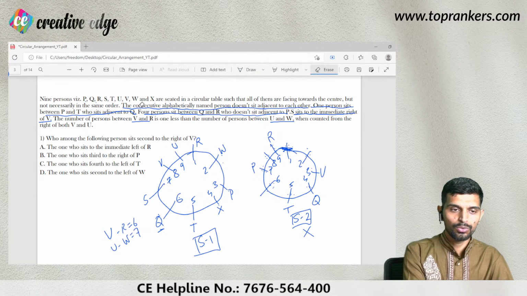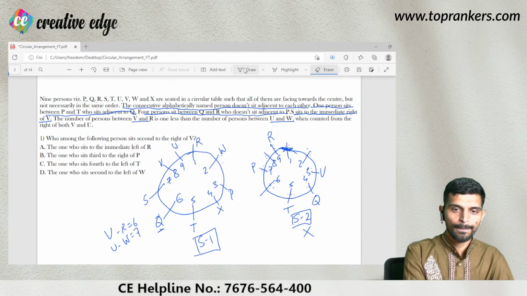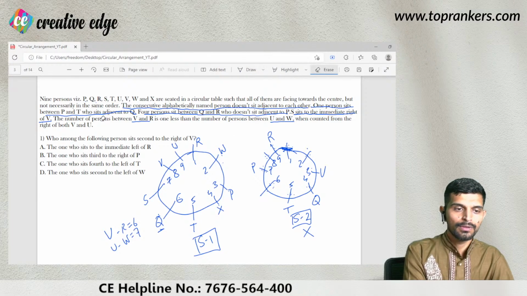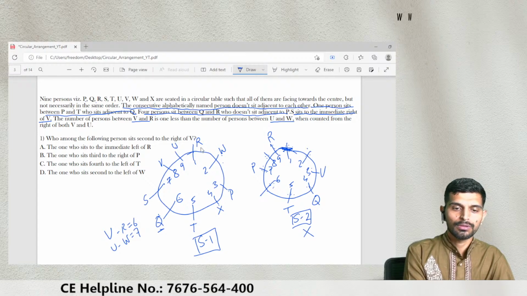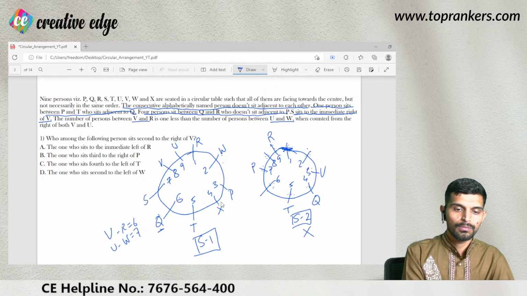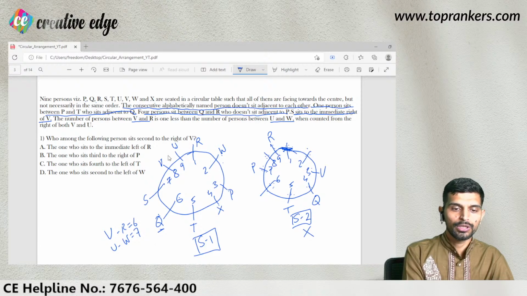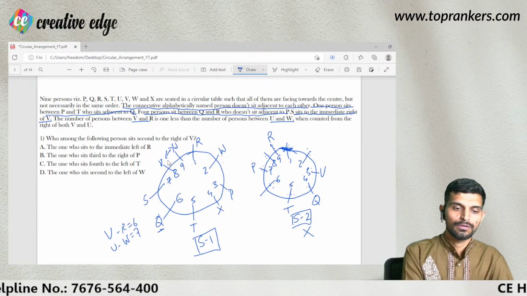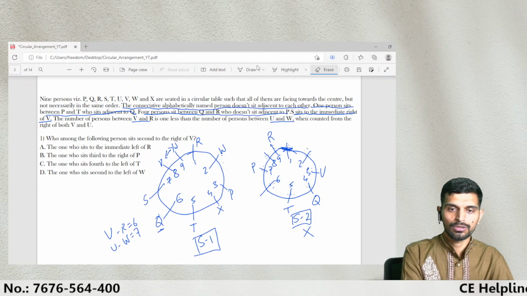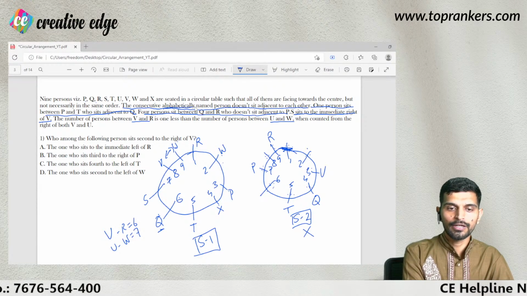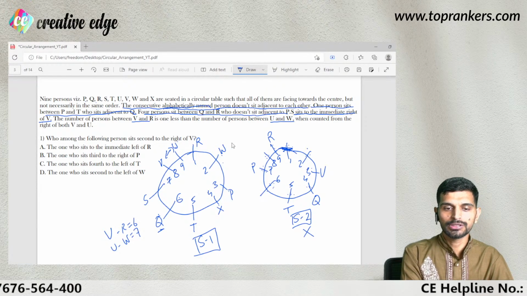So let's try to gather it once again. See, the very first clue says V and U. Here we have a fault that V and U are consecutive. That should not happen here. That's why this structure is wrong. The very first line, alphabetically named person doesn't sit adjacent.